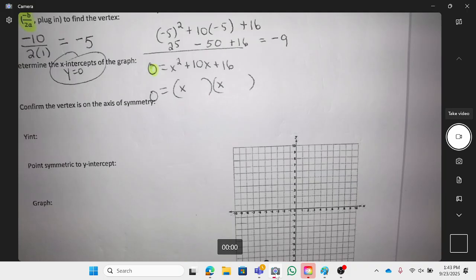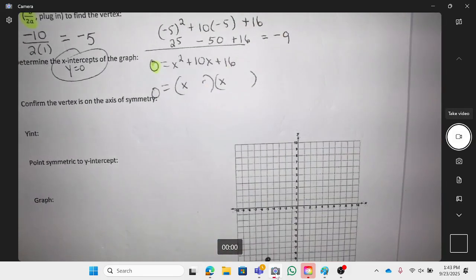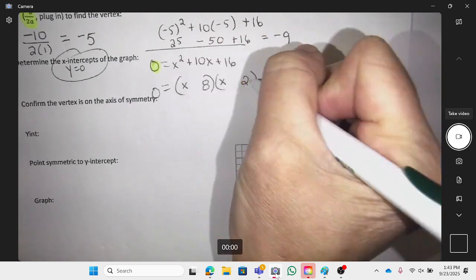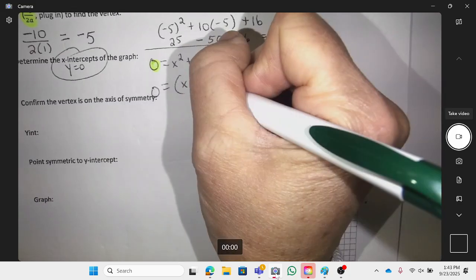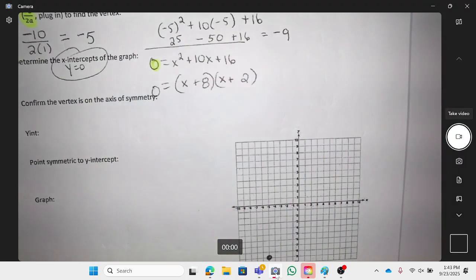It's foiling backwards, brain. What are we picking to multiply to 16? You got 3 options. 1 times 16, 2 times 8, or 4 times 4. Something has to make 10 out of that. 8 and 2. Talk about signs. Plus, plus. Does that make plus 16? Plus 10.